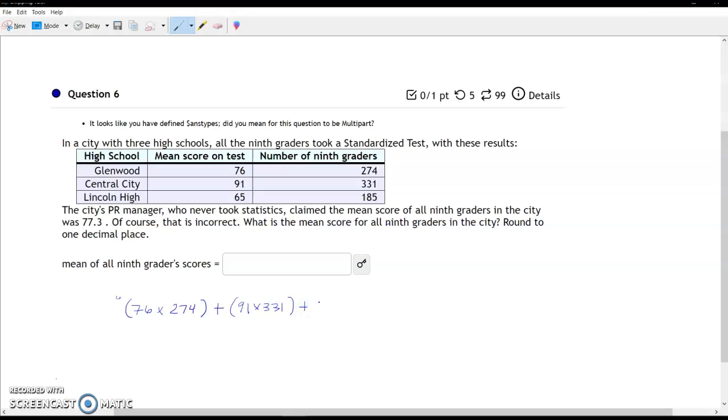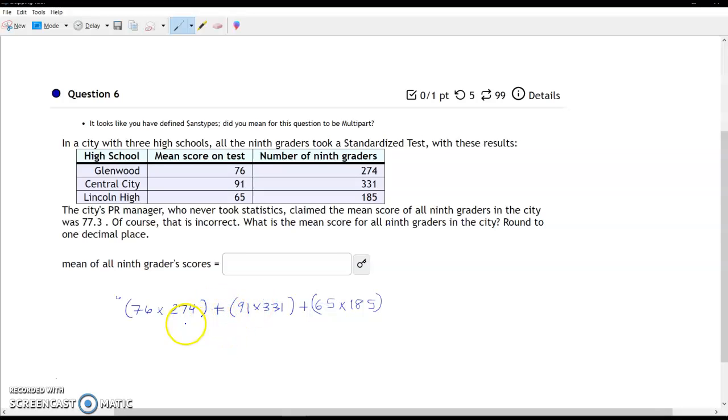And then we'll finally add the score of 65 times the 185 students at the last school. So that's our mean for each of the schools.